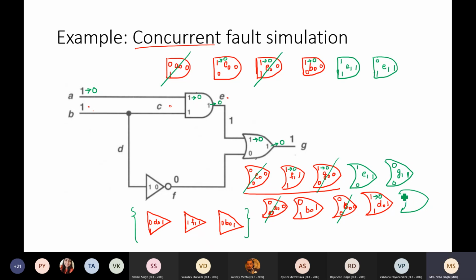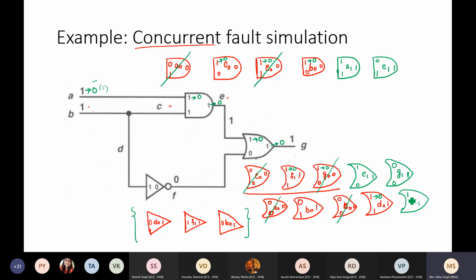The other inputs, go back to primary inputs now. The fault we considered for E is E1. When will E be 1 at the output of this AND gate? We are considering this case when A equals 0 and B equals 1. I want E to be equal to 1. So what will be the possible fault? A stuck at 1. The actual value is 0. If this value gets stuck at 1, the inputs to the AND gate become 1 1, so that the output at E becomes 1, which becomes the input to this OR gate.